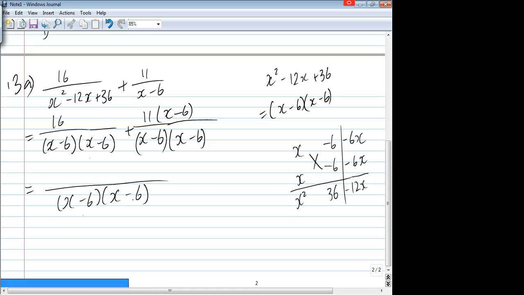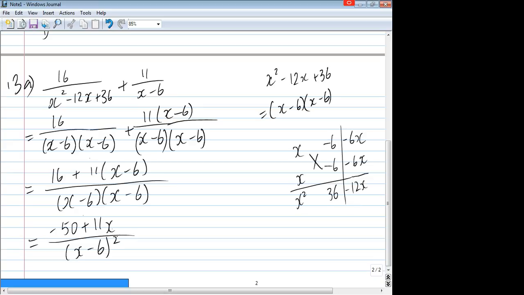And my numerator will be 16 plus 11 times x minus 6, which you can simplify by yourself. We will finally arrive at 16 minus 66, which is negative 50, plus 11x over x minus 6 squared.